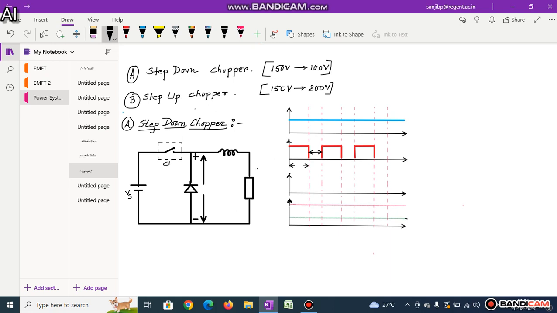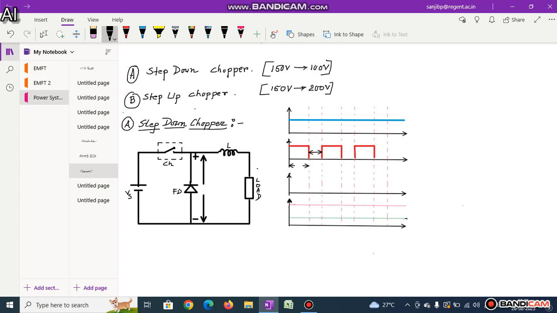Write down CA chopper, and this is a diode, but this diode is used as a freewheeling diode. Next is an inductor L, and this is the load. And the right side shows the waveforms.